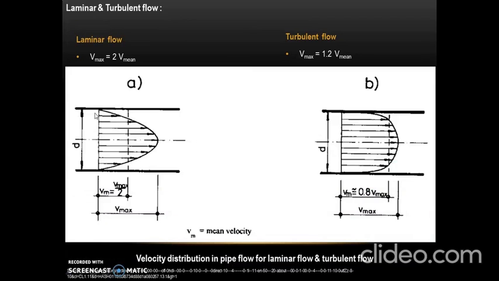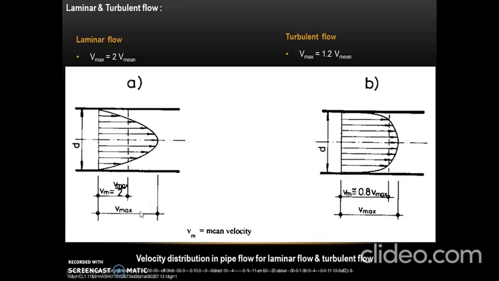Here we can see the velocity distribution in pipe flow. Let us consider this as the wall of the pipe and there is flow of liquid into this pipe. We can see that at the contact velocity is equal to 0 and as we move away from the pipe wall, velocity increases and at the center velocity is maximum.